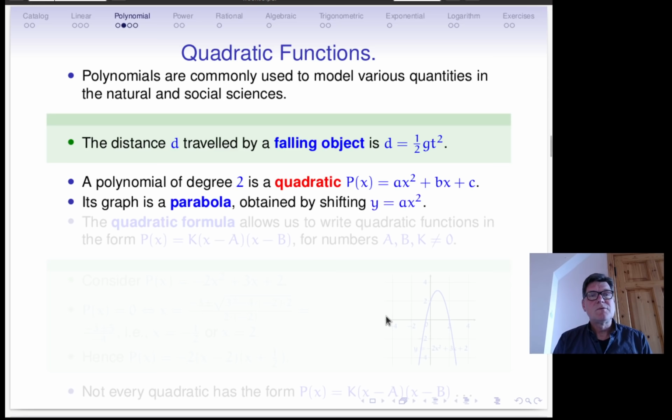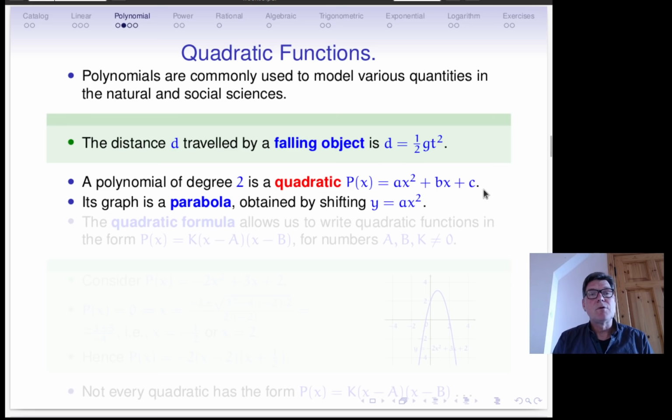The graph of a quadratic is a parabola, which is obtained by shifting the parabola y equals ax squared to the left, to the right, up or down, and the parabola opens upwards when the a is positive, and it opens downwards when the a is negative. Also, with a quadratic polynomial, there comes a quadratic equation.